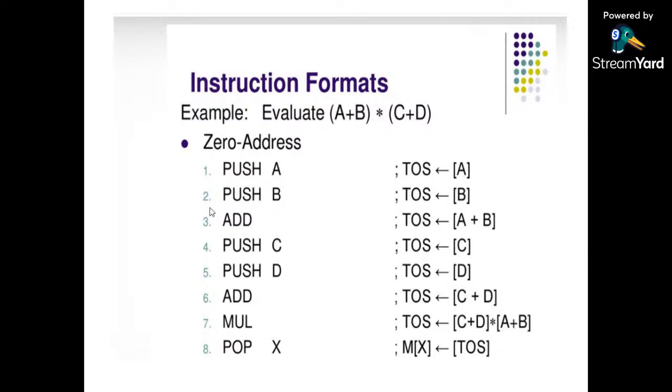If you can remember, when I was teaching you zero address instruction, in the zero address instruction we are not specifying any address, we are giving only the command such as add, sub, mul, divide. So when we give the add command, where are the two values coming from? The two values are coming from the top of the stack and top of the stack minus 1 location.